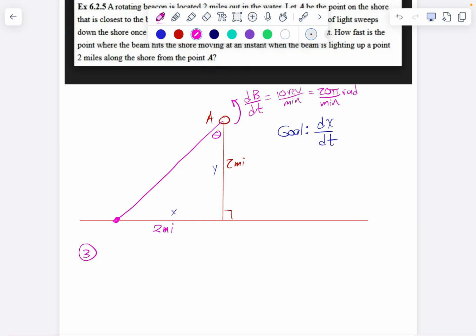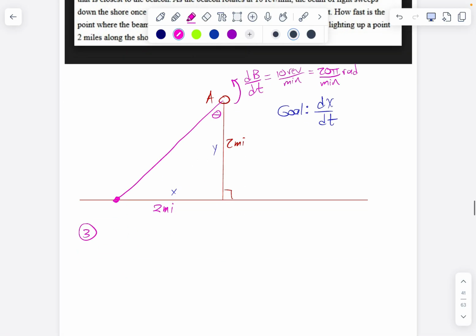We have to have the angle because we're told the rate of change of the angle. Otherwise, we might be able to use the Pythagorean theorem if this was all just a length thing. But since it's a rotation angle, we have to bring trig into it. So which trig ratio relates those 3 pieces?